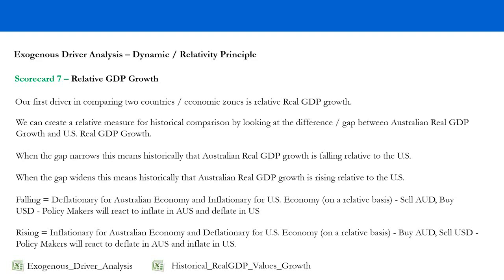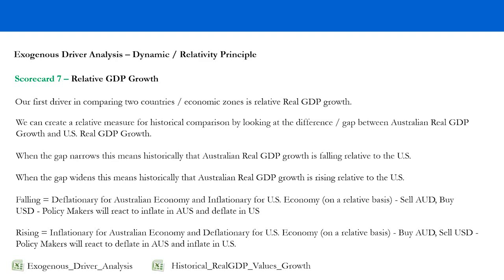So we get a value on the currency in its entirety in absolute terms. But when comparing two countries against each other, what we want to do is measure the relativity or the relative growth of the two economies and the speed at which they're growing relative to each other.